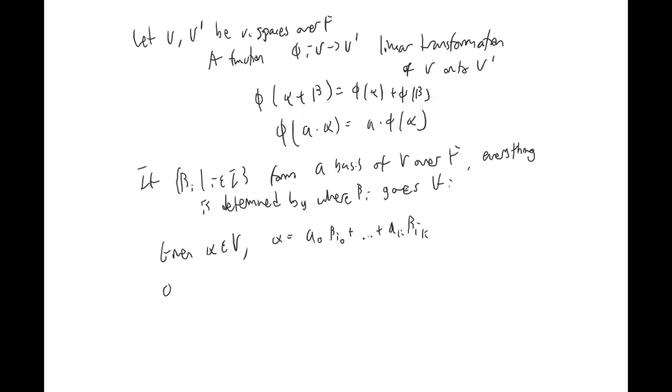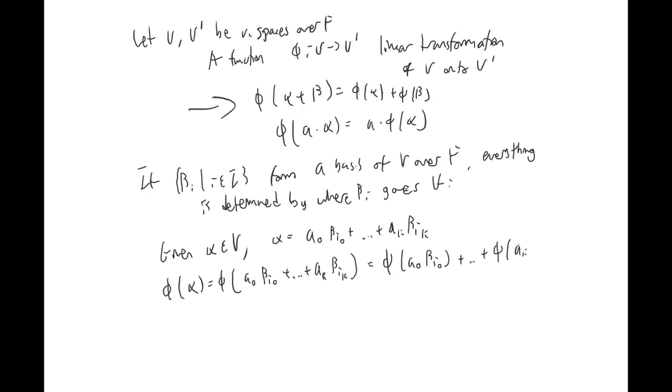Then phi of alpha is phi of this. Using the first property, I could split this up into phi of a0 beta i0 plus dot dot dot plus phi of ak beta ik. And now using the second property, I could move the a0 out.